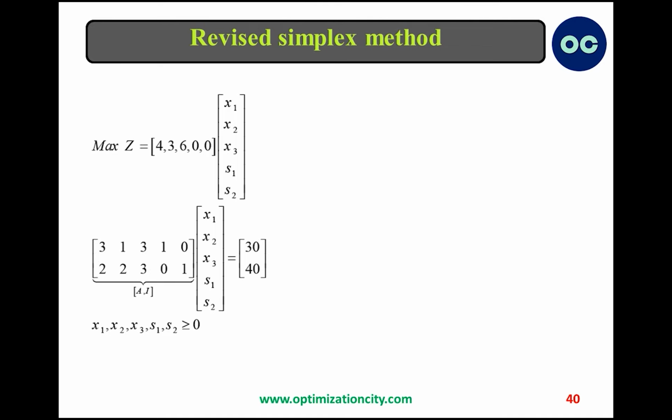Similarly, all variables of the problem, xj and si, are divided into two groups: basic variables, which are s1 and s2, and non-basic variables, which are x1, x2, and x3.